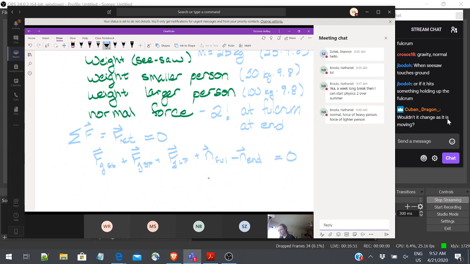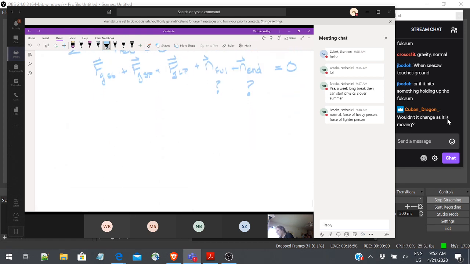But I have two unknowns. So how do I solve this? I solve this by knowing that my torque also has to equal 0.